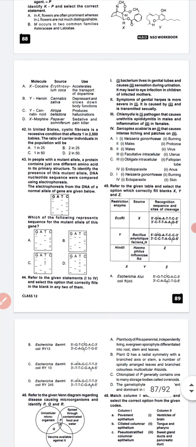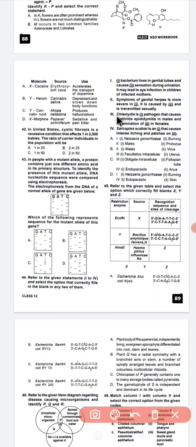Now we have question 44. Under question 44, refer to the given statements 1 to 4 and select the option that correctly fills in the blank in any 2 of them. Number 1, bacterium lives in genital tubes and causes a burning sensation during urination. It may lead to eye infection in children of infected mothers. Second point is, symptoms of genital herpes are more severe. It is caused and transmitted sexually.